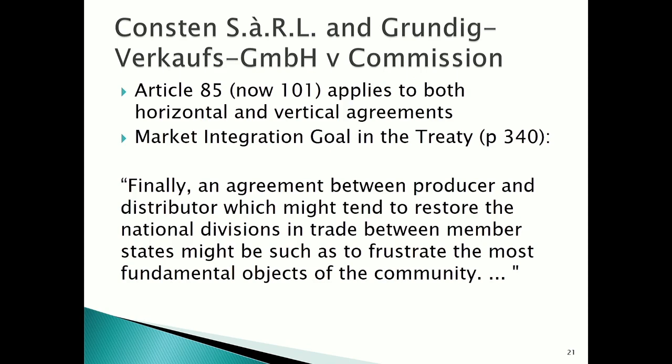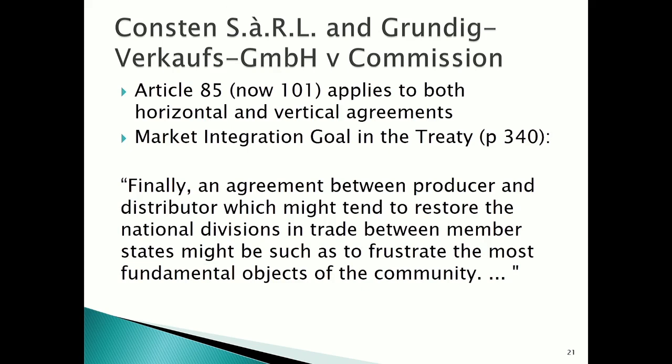As we saw last time, one of the competition problems, which is a particular concern in the EU regarding the use of vertical restraints, is the potential for such agreements to divide or partition the market, contrary to the goals of the EU or the EEC common market ever since its foundation.